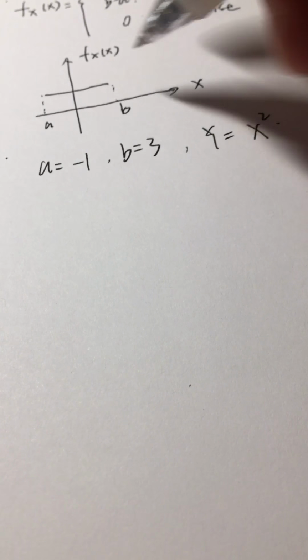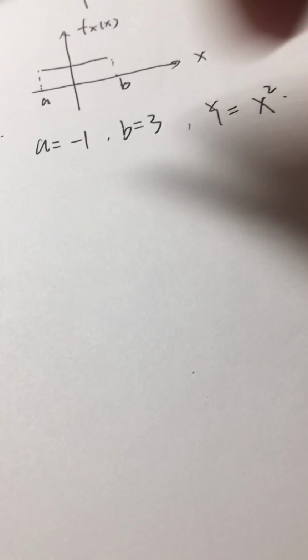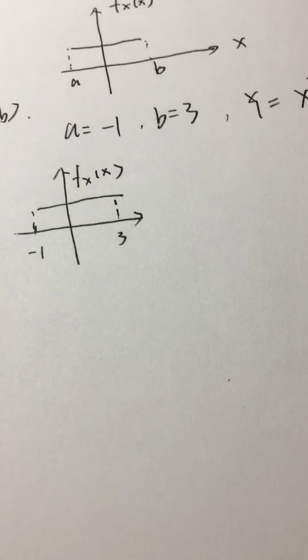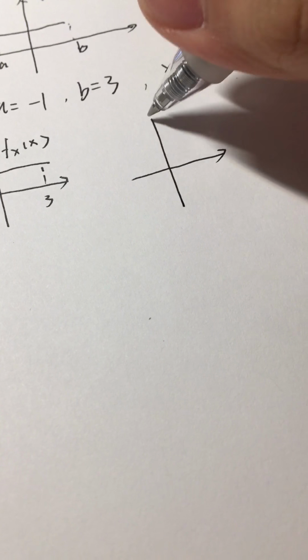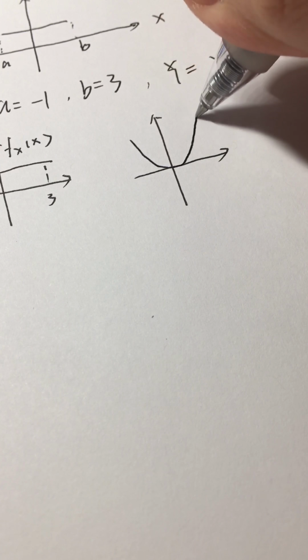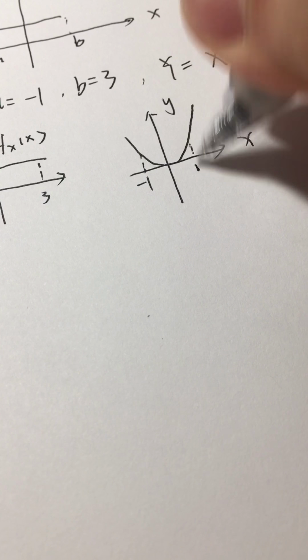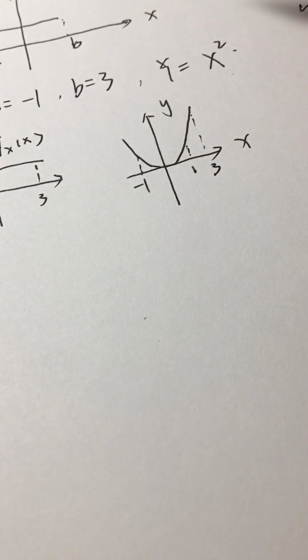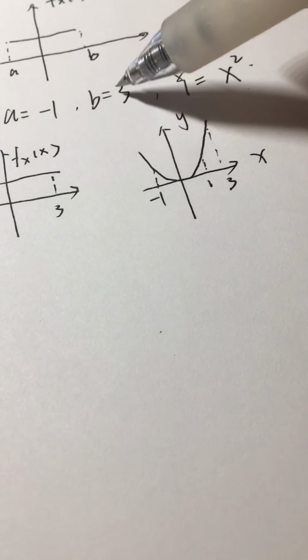So we can draw the picture of fx of x again, with a equals -1 and b equals 3.